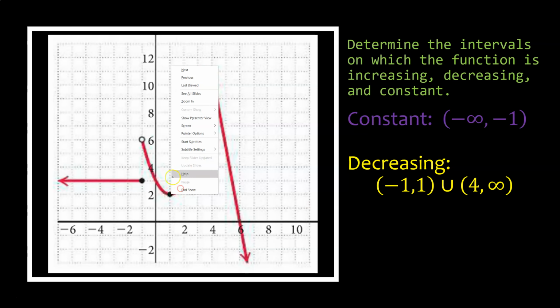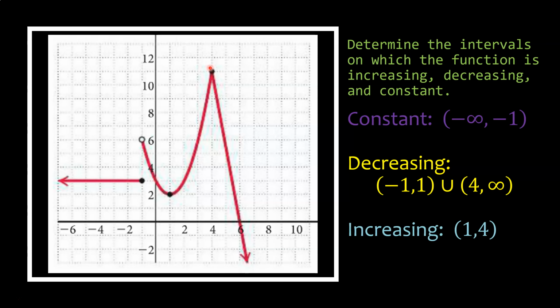From left to right, again, going from 1 to 4, over this open interval here, your function value is going up, so that is increasing. So your function is increasing from 1 to 4.